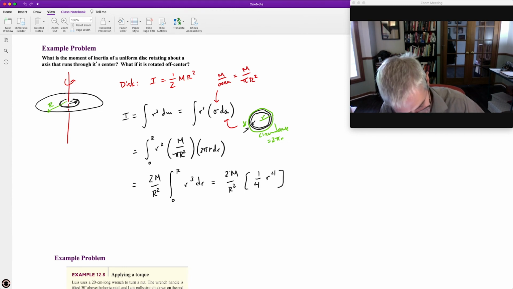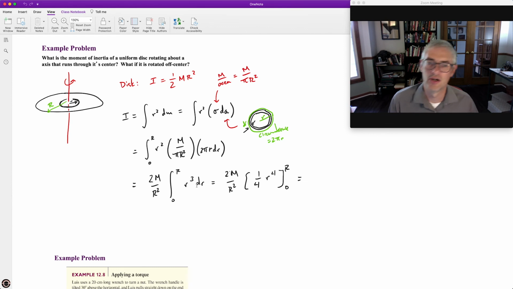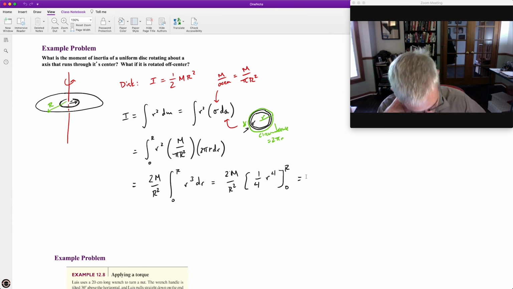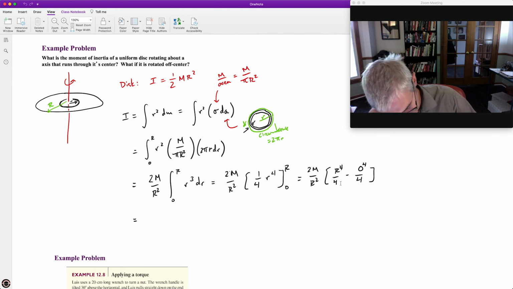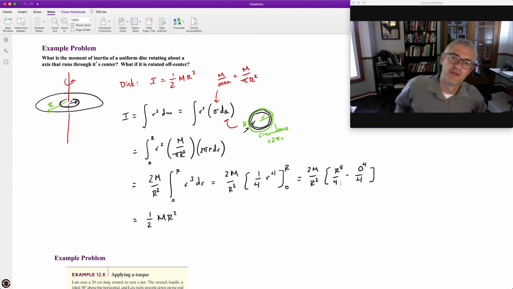And then evaluating it at the bounds, 0 to big R. So plug that in, 2m over R squared times, I go R to the 4th over 4 minus 0 to the 4th over 4, which gives me my R to the 4th cancels with that R squared, gives me an R squared. My 2 over 4 gives me 1/2, and I go 1/2 big M R squared.